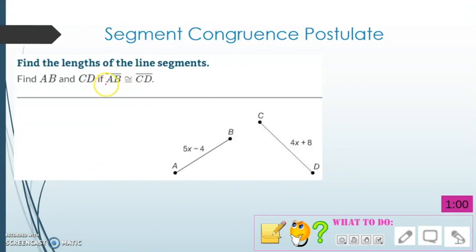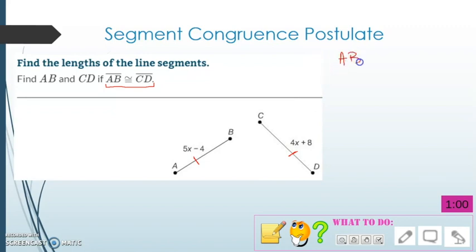Now that we are told that AB is congruent to CD, we can mark that in our diagram. We want to use that information to help us find the lengths of those segments.